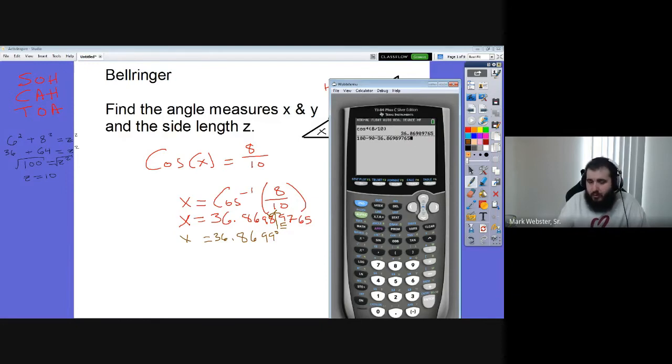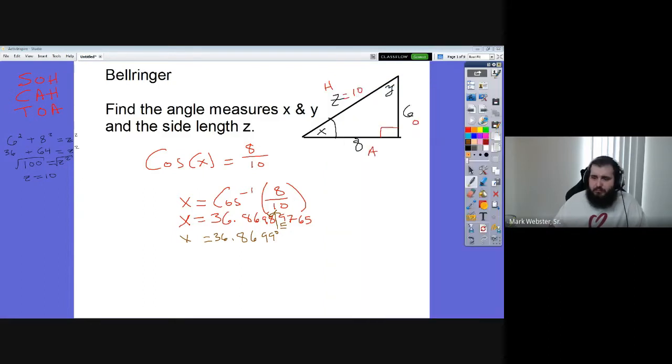I'm going to get my final answer, which is 53 point something. So then I go through 180 minus 90 minus x. What does that come out to be?